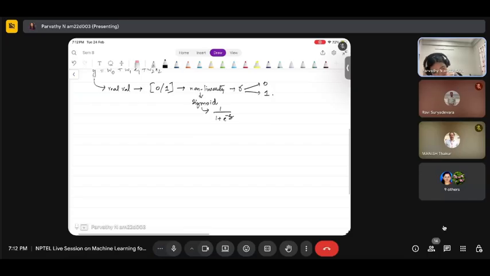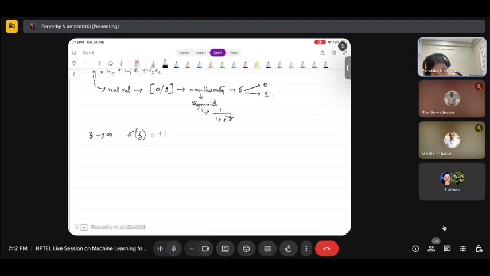When z tends to positive infinity, sigmoid of z leads to a value of 1. As z tends to minus infinity, the sigmoid of z tends to 0. And at z equal to 0, sigmoid is 0.5.